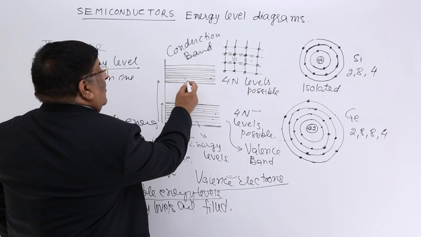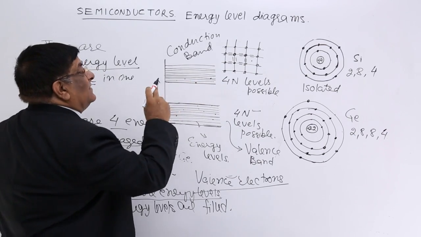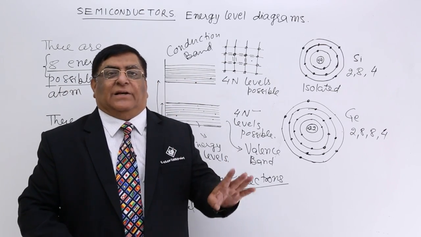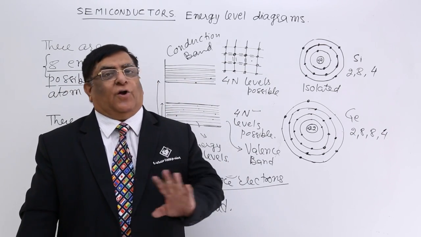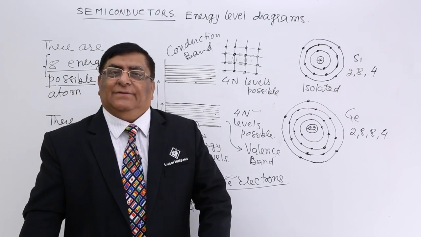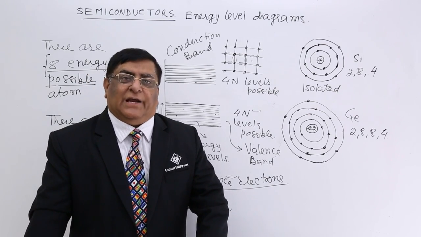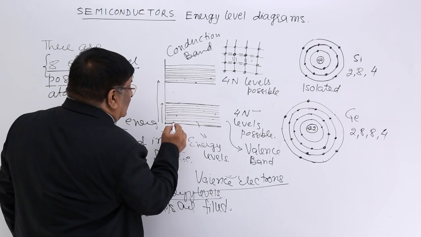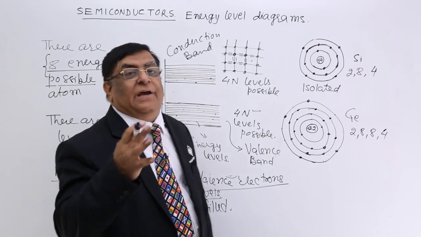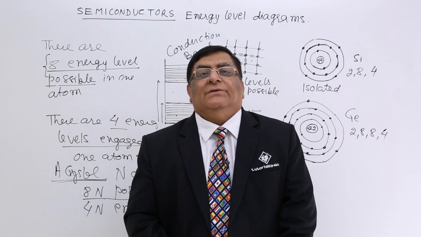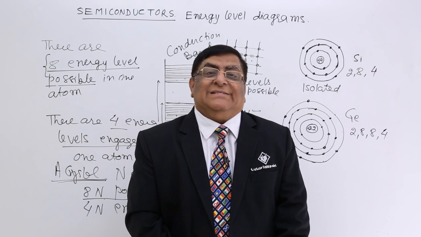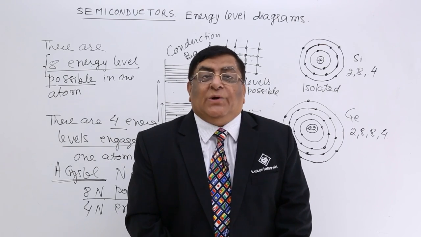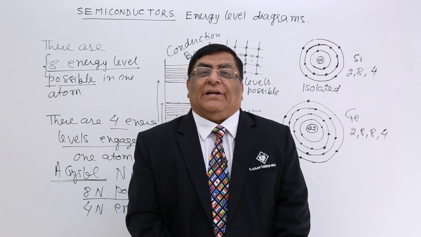Then only it will act as a free electron to conduct electricity, otherwise it will not be able to conduct electricity. Then what about an electron having energy in between? We have not found such an electron. Such electrons do not exist.